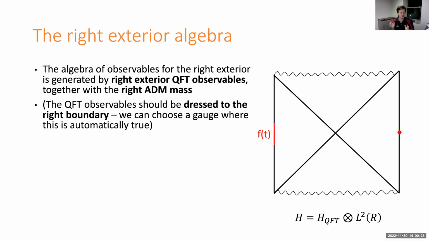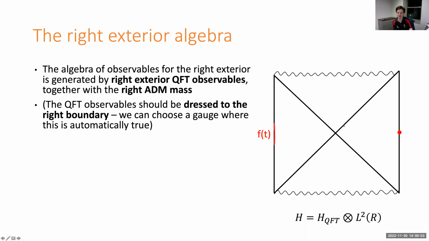Okay, there's a couple of qualifications to each of these things. The first is that these right exterior QFT observables need to be dressed. To be gauge invariant, they need to be dressed to some asymptotic boundary, and to be localized in the right exterior, they should be dressed to the right boundary. Now we chose a gauge where the right boundary was fixed, so that's trivial.